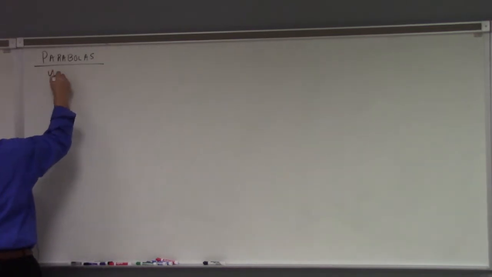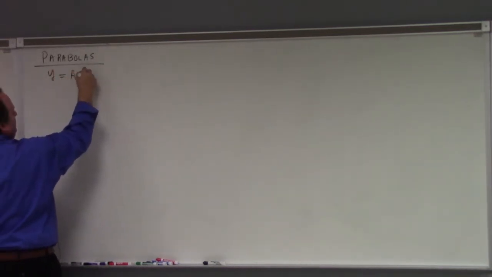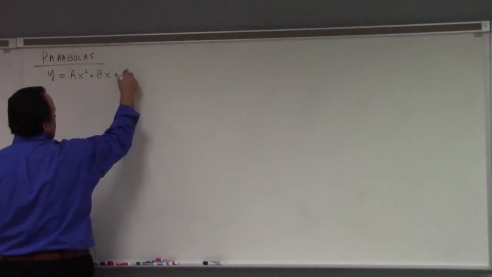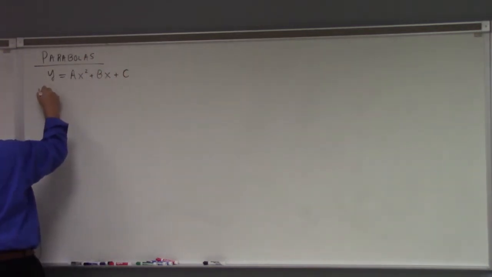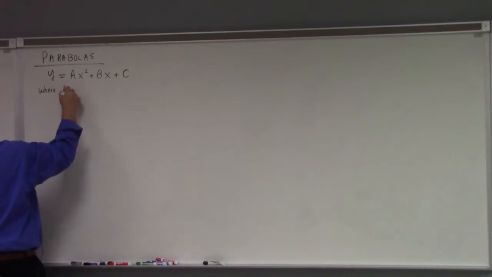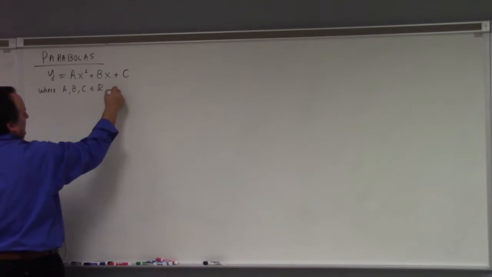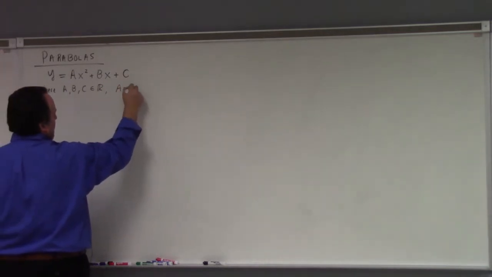So, y equals ax squared plus bx plus c, where a, b, and c are real numbers, and a is not equal to 0.